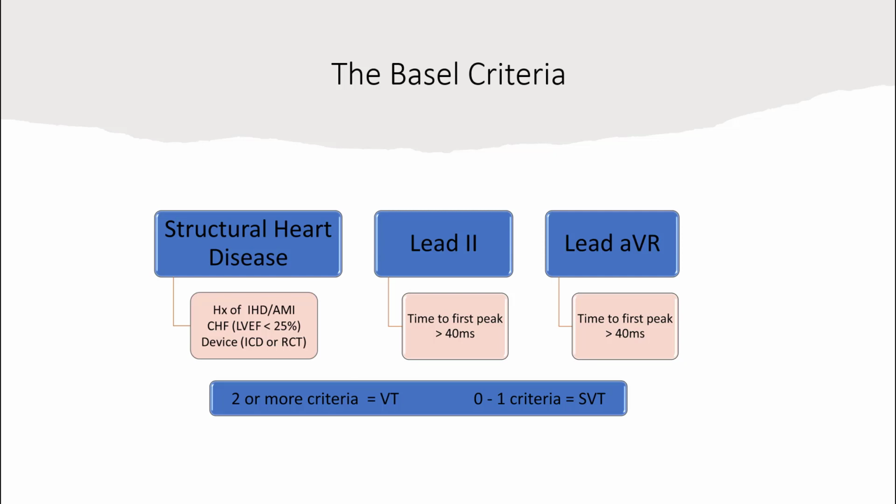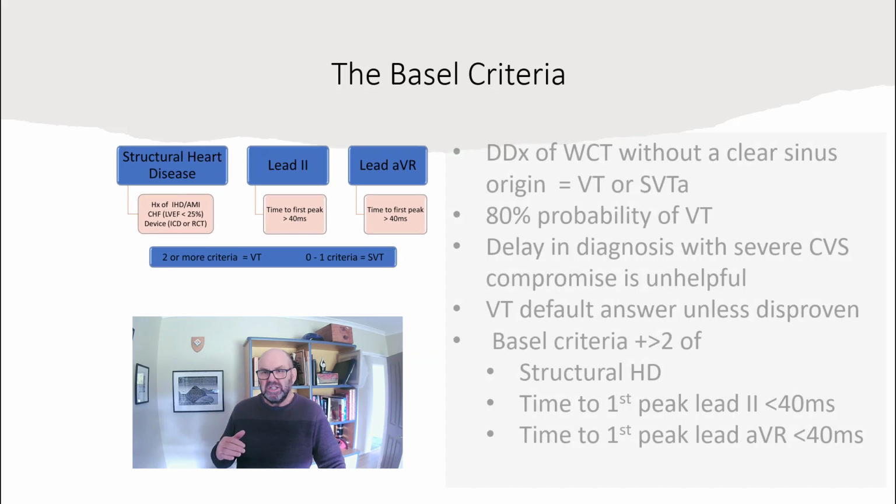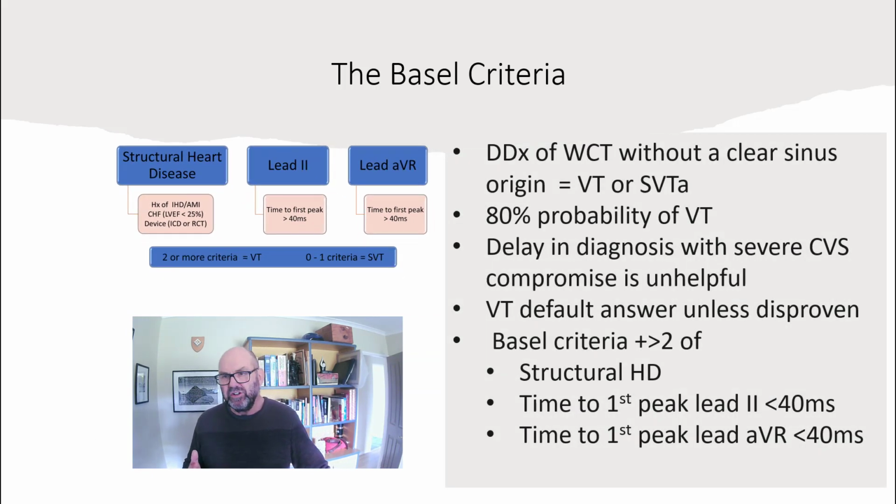So, let's recap what we've covered. A wide complex tachycardia without an obvious supraventricular focus can be differentiated into a ventricular tachycardia or a supraventricular tachycardia with aberrant conduction. The statistical probability is that the wide complex tachycardia will be ventricular in origin, but that 20% may be an SVTA.